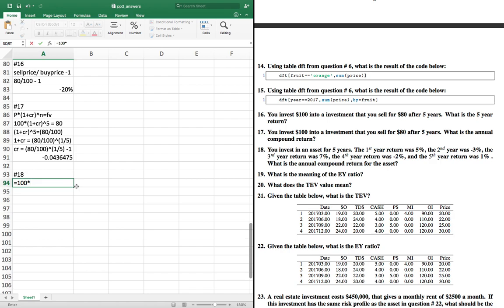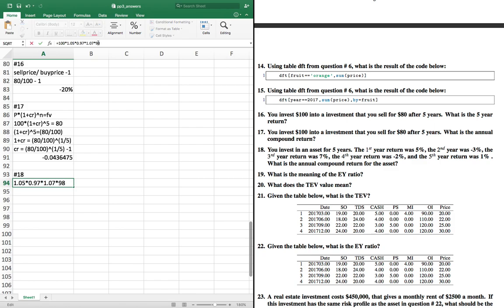So here, 100 times 1.05 times 0.97, because that's a negative, times 1.07 times 0.98, that's a negative as well. Oops, typo here.